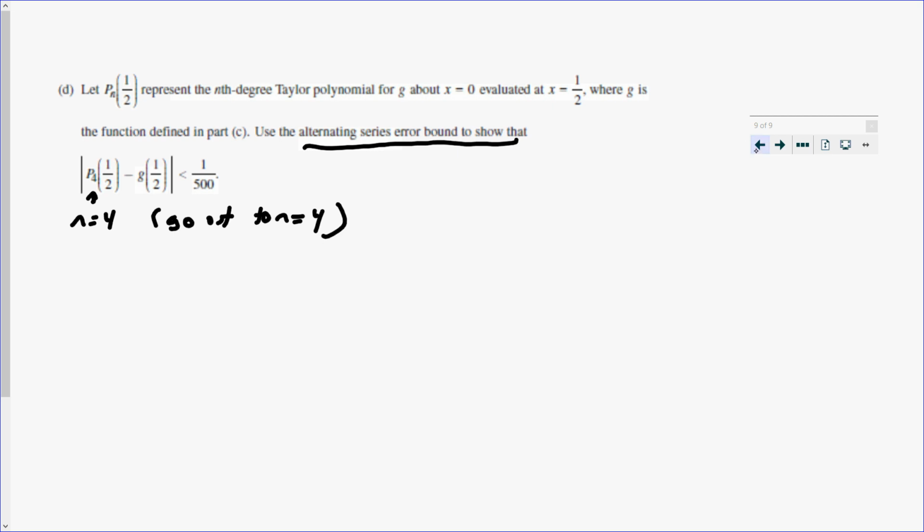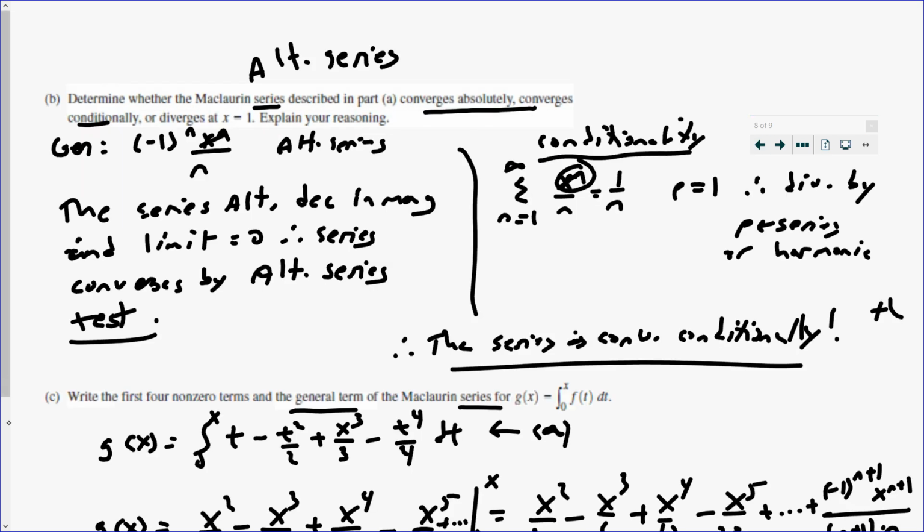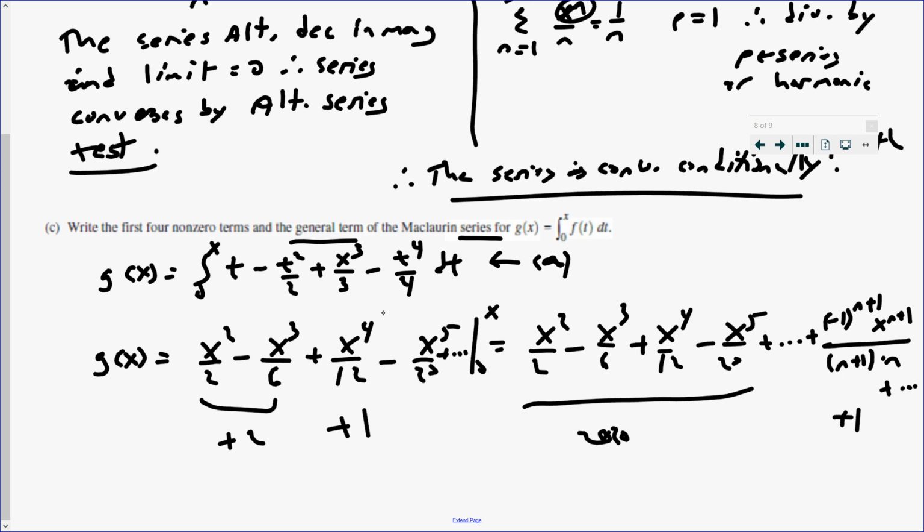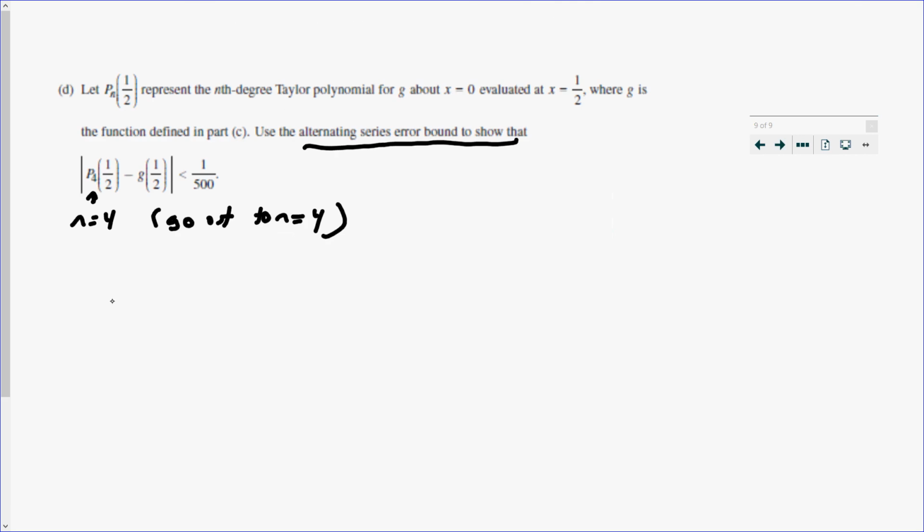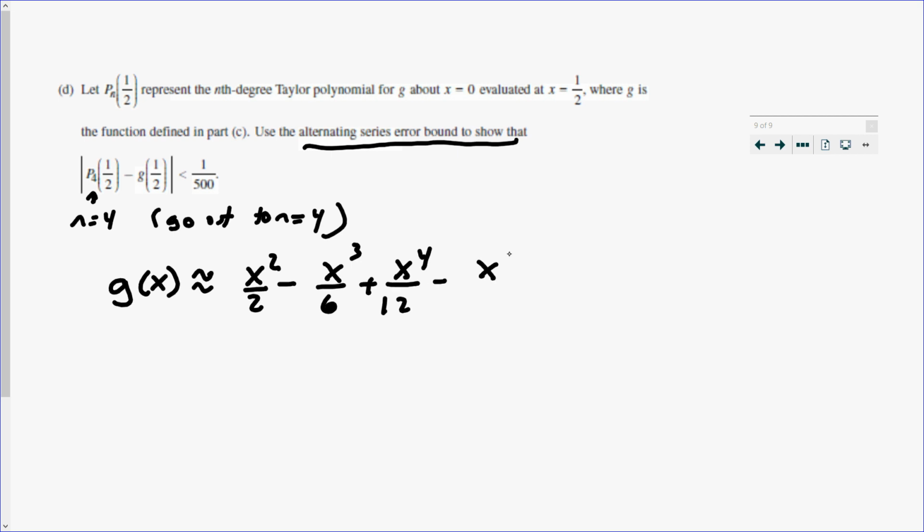So if we go back, whoops, let me scroll down here. They're asking us to stop at the 4th term right there. So to approximate g of x, we're going to use the first 4 terms: x squared over 2 minus x cubed over 6 plus x to the 4th over 12 minus x to the 5th over 20.